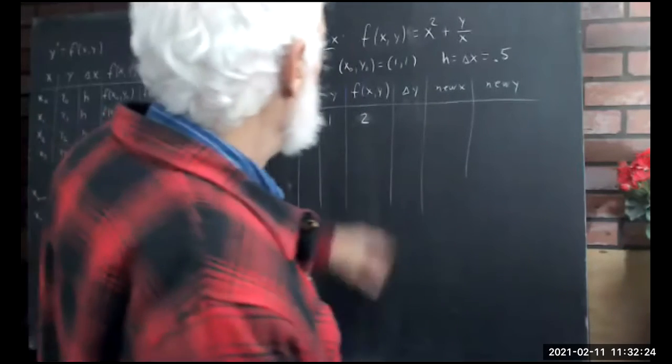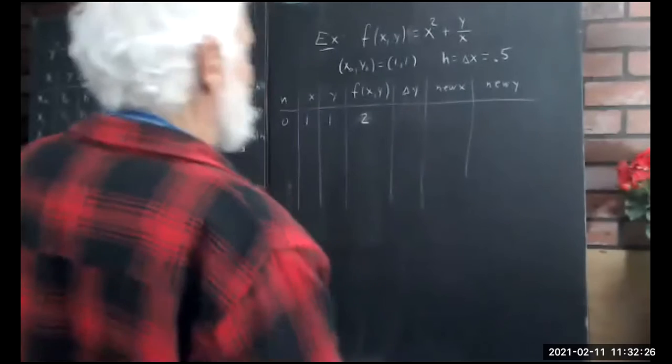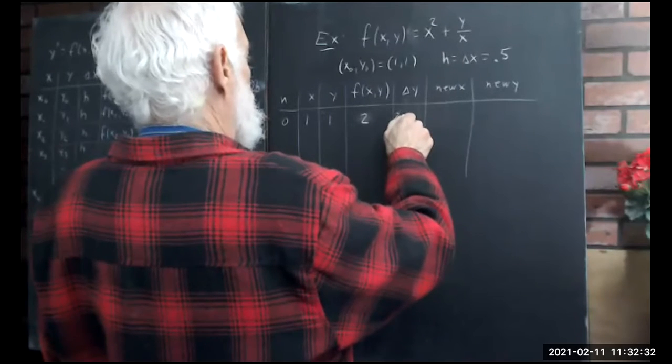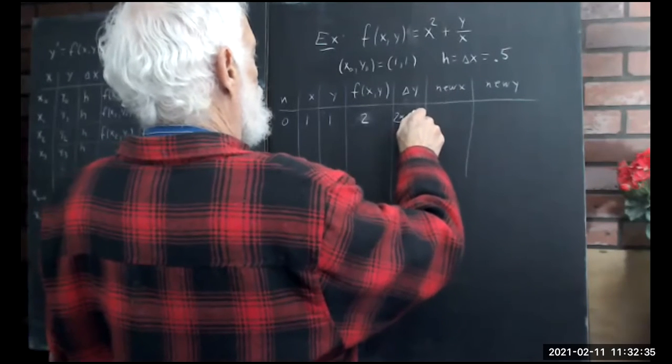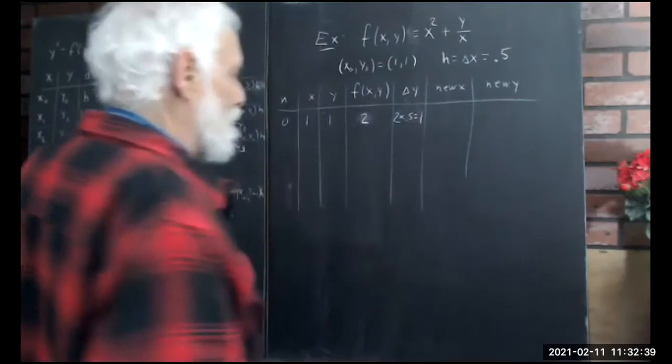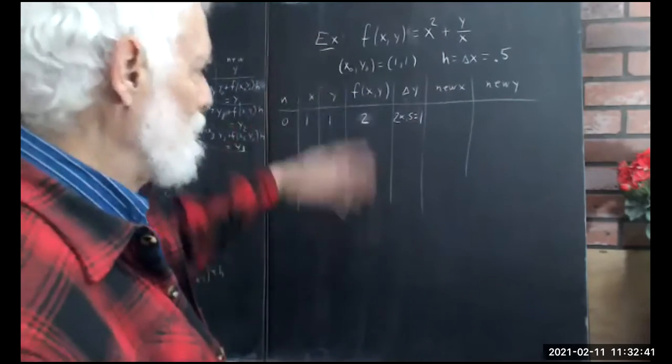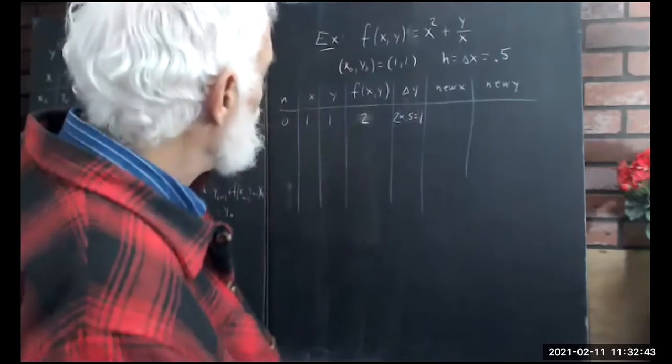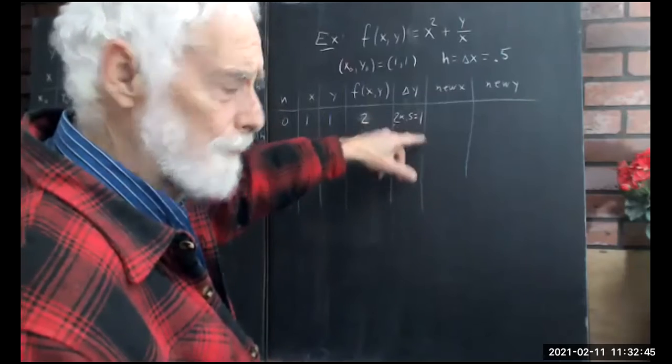Thank you, because it wouldn't have been good. Okay, this is 2 times 0.5 equals 1. Okay, I was already thinking ahead to that. I'm not making excuses. Okay, so 2 times 0.5 is 1.